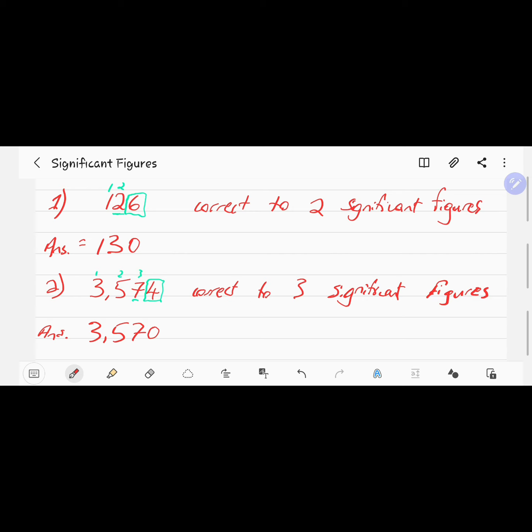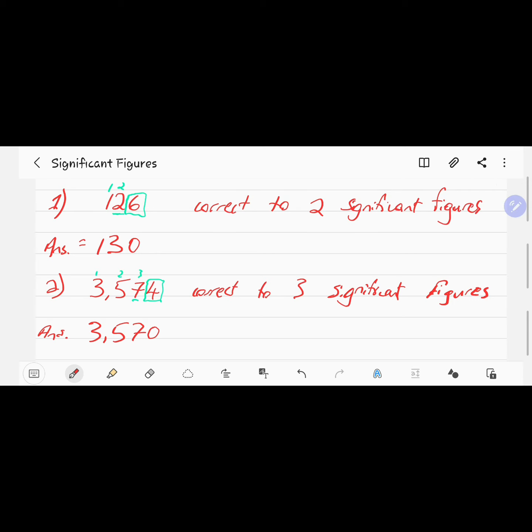Generally speaking, it should have a similar value to the number that you started with. So this is the number now correct to three significant figures. These zeros that are after a number, because there's no decimal point, these zeros are insignificant.